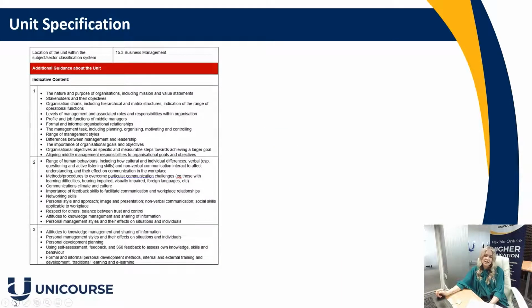The last page on a unit specification is really important and necessary for you to look at. It's based on the learning outcomes, and it's broken down into the indicative content. In order for you to be able to get a good pass, you should be researching all of these areas and including elements of it within the answers in your assignment.